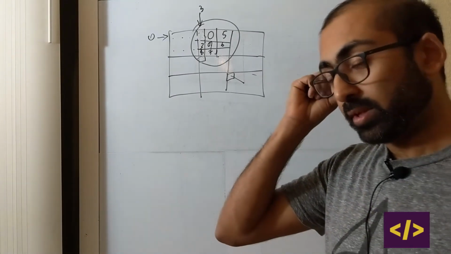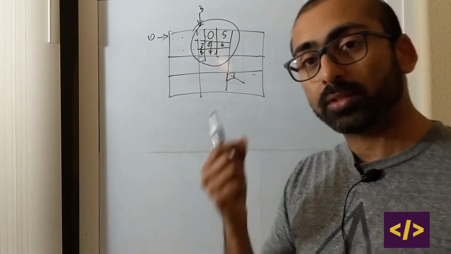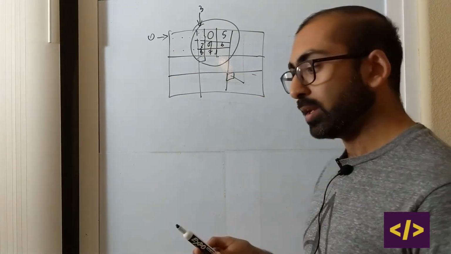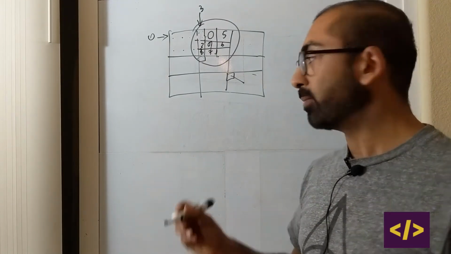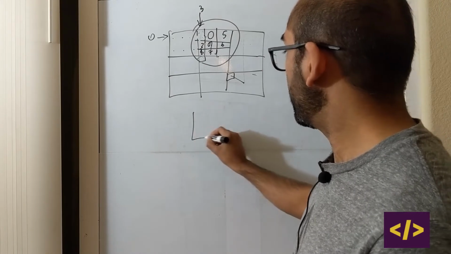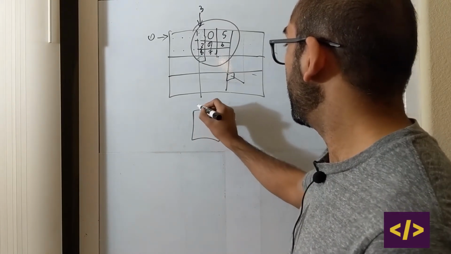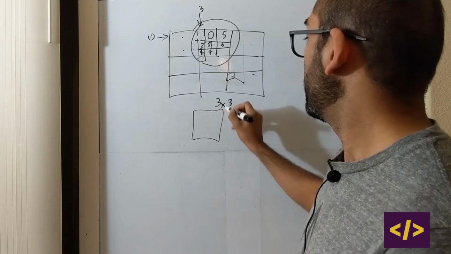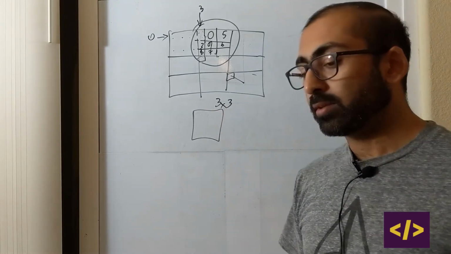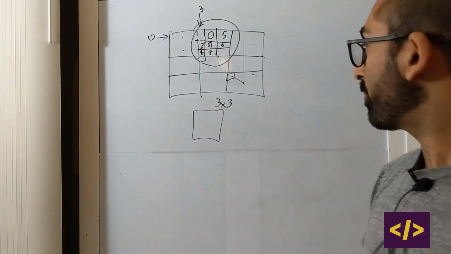There's another way of doing this iteration through the list, and maybe not useful here, but you can use it somewhere else. So assume that you're given an n by n grid. Let's just have a 3 by 3 grid.